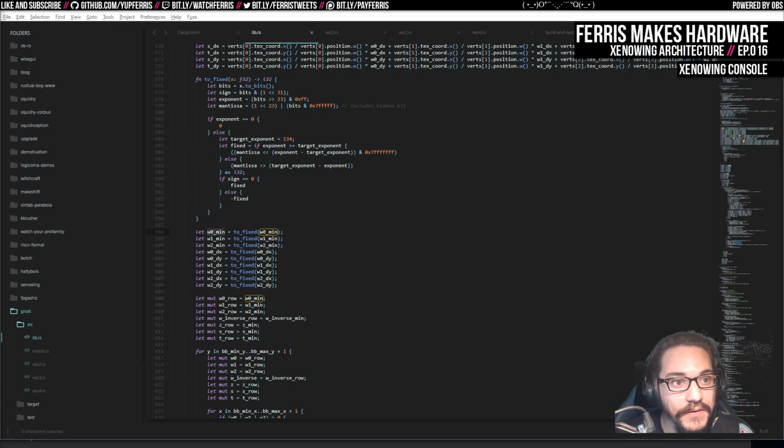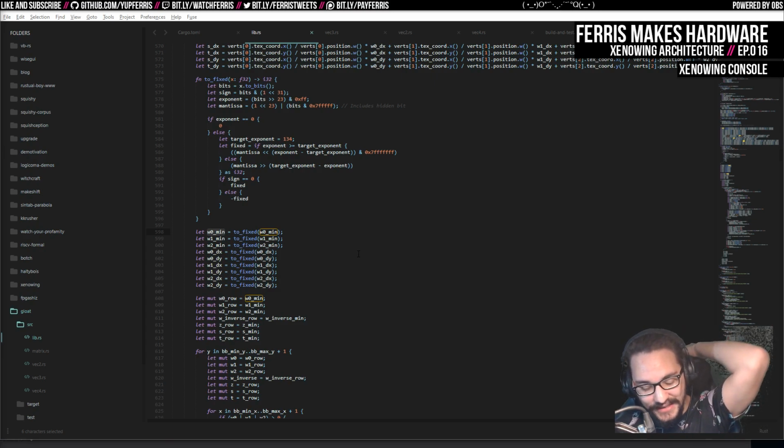That'd probably be a good thing to do as well, because I wouldn't be surprised if I ended up having slightly different representations for different kinds of values. Like I think you need to allow a much larger dynamic range for vertex data than you do for texture coordinates, for example. So yeah, I know it's possible to do this with integers. I just need to figure out what a lot of other systems were doing and start copying that.